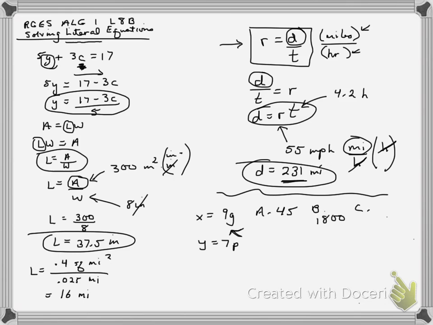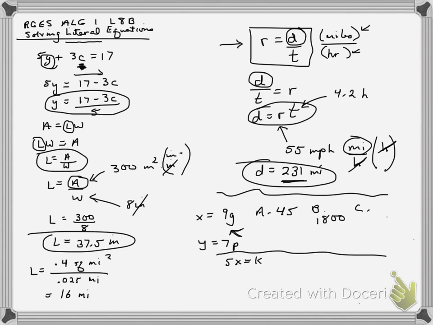Now when we get down to J, solving the literal equation for x, it says 5x equals k. So to solve for x, I'm going to divide by 5. K, to solve for x, I'll divide by c. L, to solve for x, I'll divide by f.